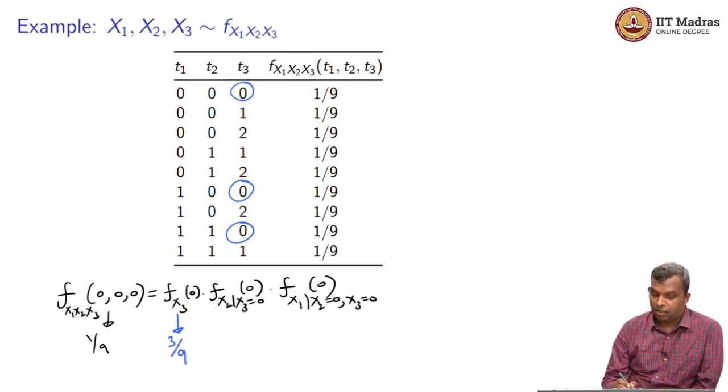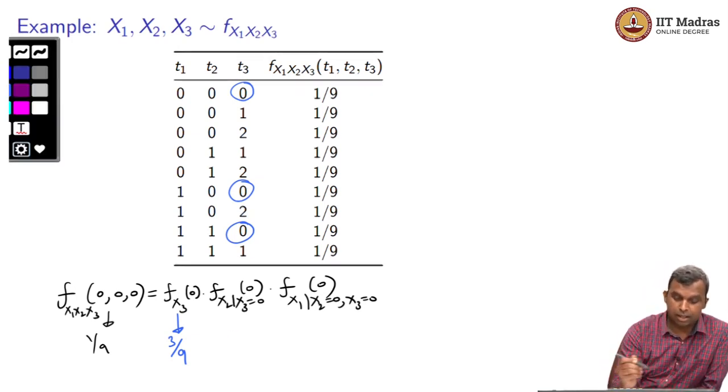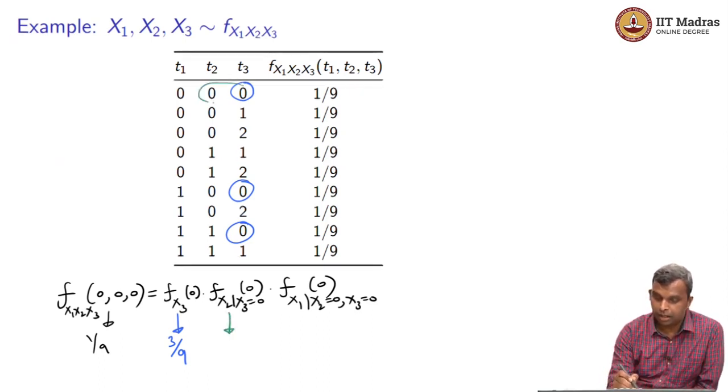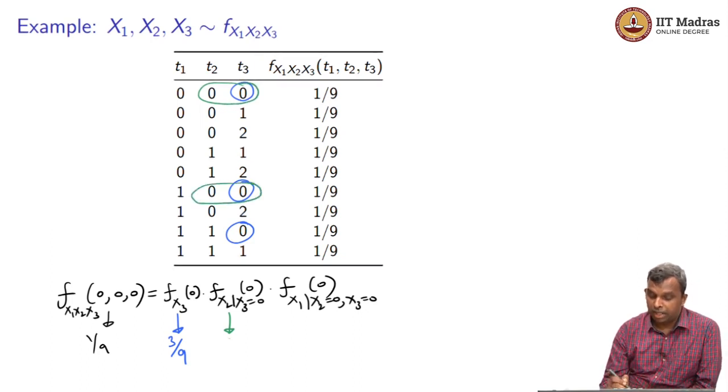And then I have x2 given x3 is 0. Given x3 is 0, x2 is 0, this is this guy and this guy, isn't it? So given x3 is 0, that is 3 by 9, and x2 is 0 for 2 by 9 of those cases, so you get 2 by 3.